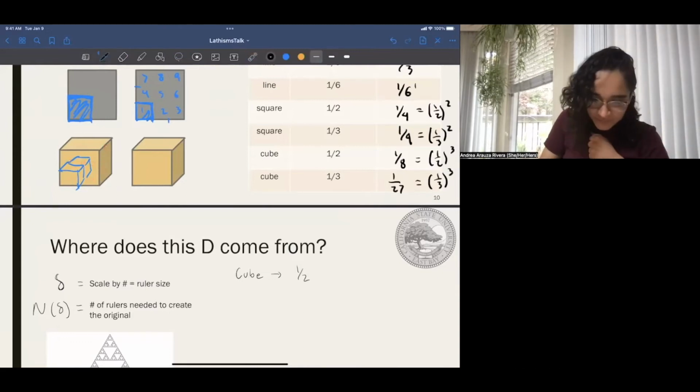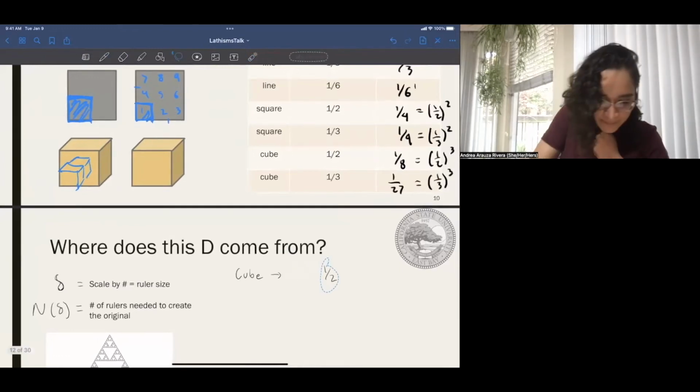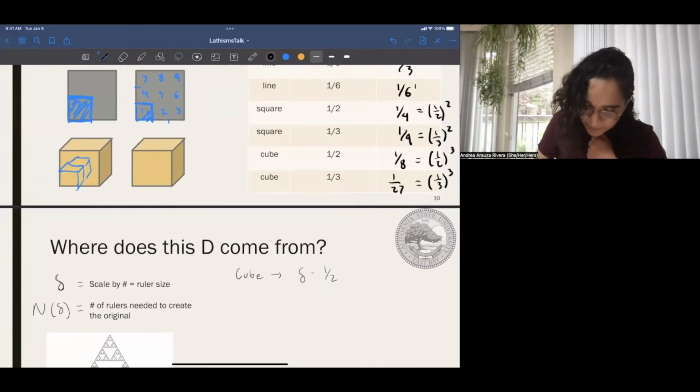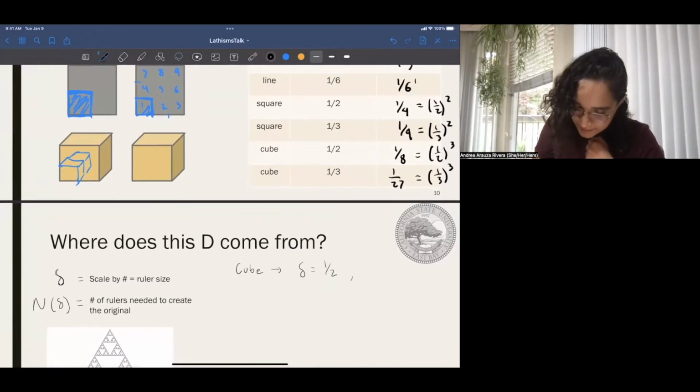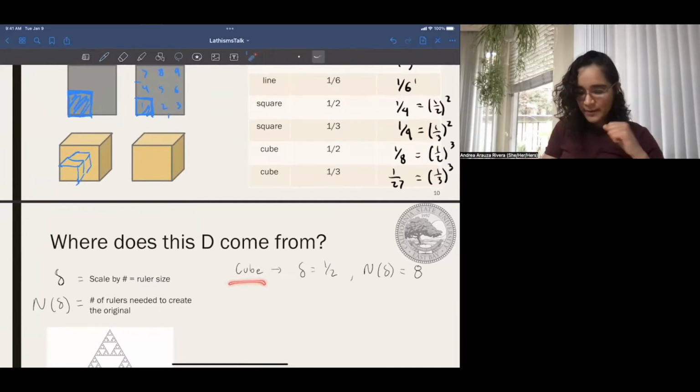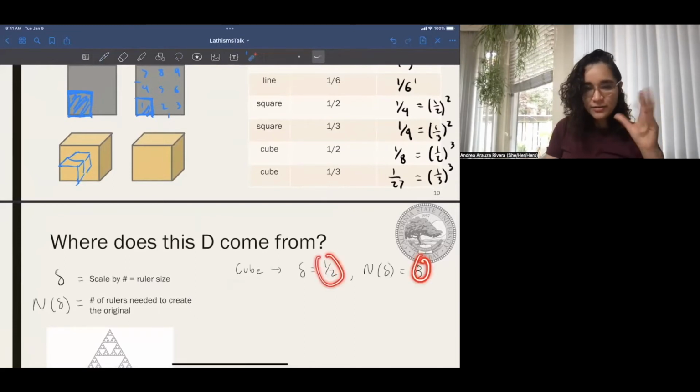Okay, so my delta might be 1/2, and in that case, my n of delta would be 8. So if I take my cube and I scale it by 1/2, I'm going to need 8 copies of that scaled version to fill up the original cube.